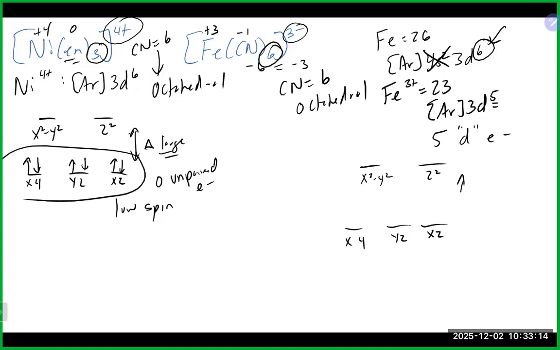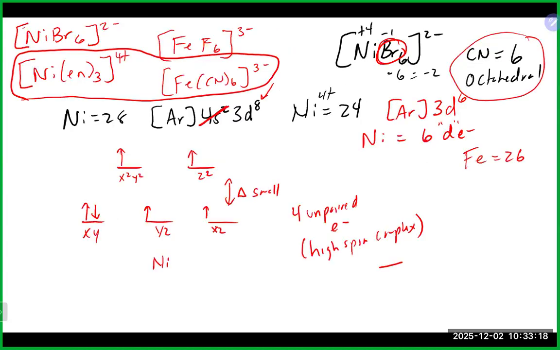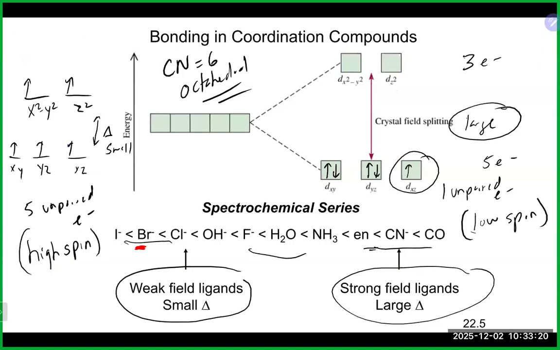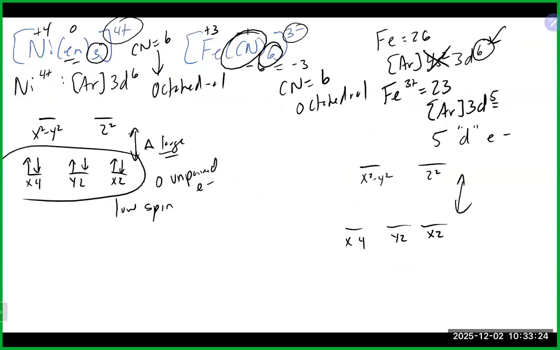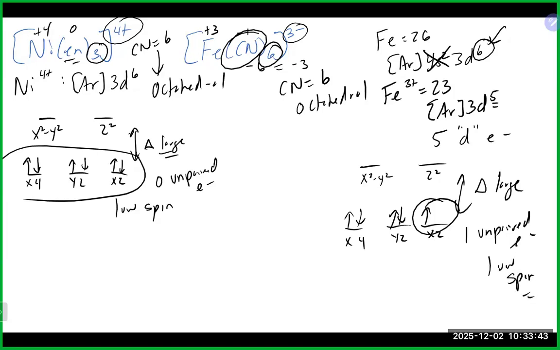And we want to look at the ligand, which is Cn minus, and in this particular case we do see it on the larger side, and that's going to give us a large splitting. So for these 5, we're going to go 1, 2, 3, not going to go to the top. 4 and 5 are going to pair down there, ending up with 1 unpaired electron. Again, also considered a low spin complex.